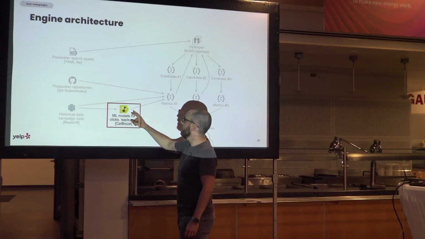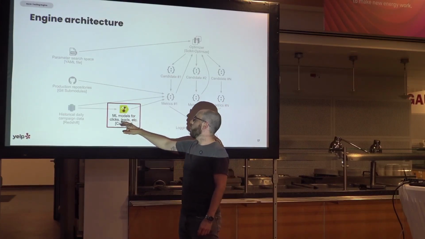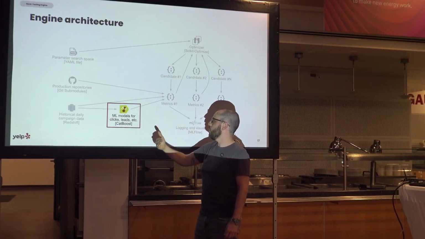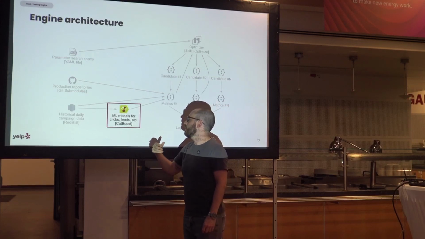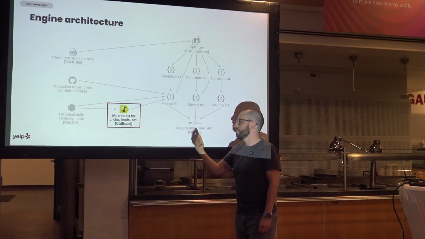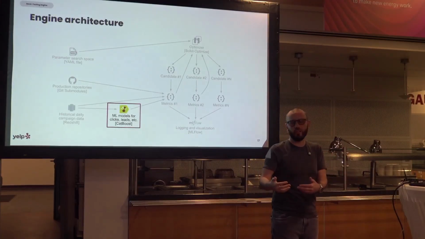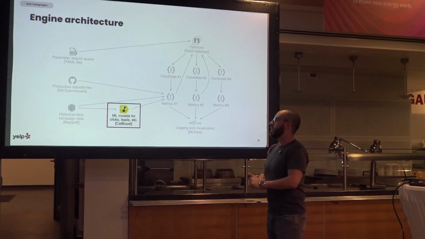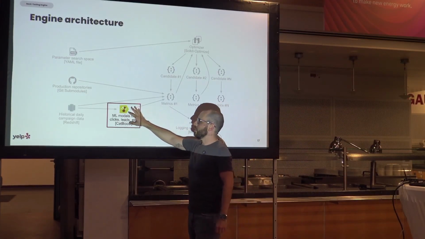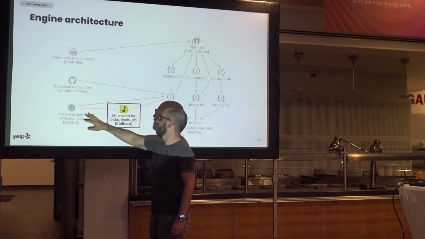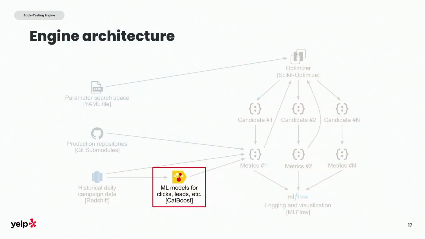So we need machine learning models to have a reliable prediction of what the impressions, clicks, and leads would have been if we had a different daily budget. And these models are of course trained on this data. We also monitor these models to make sure that they are good enough.